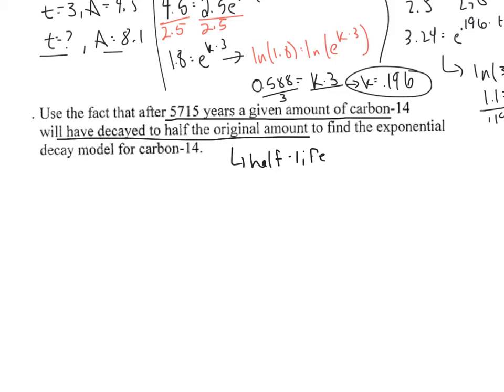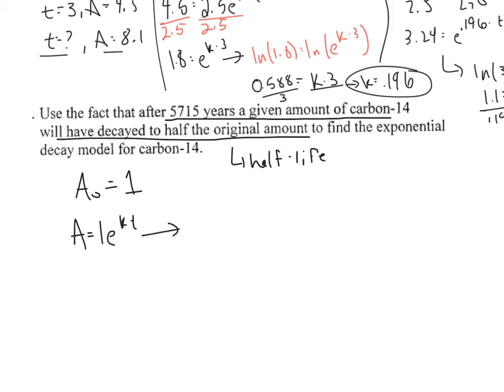All right, and what this tells me is it doesn't matter how much I start with, right? So A naught is not given. We just know we're going to have half of it. So I'm going to take the easy way out and say, let's say A naught is 1. All right, so then I know my equation is A is equal to 1 times e to the kt.